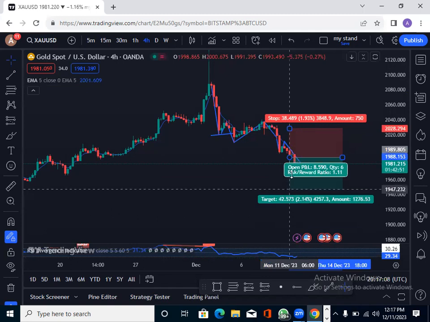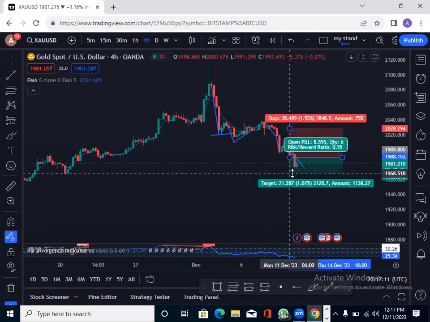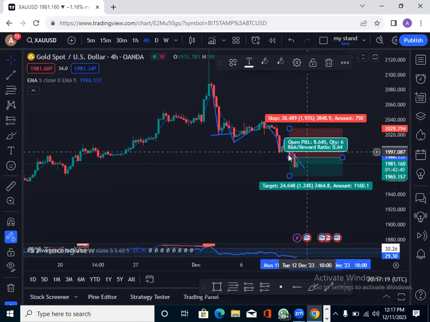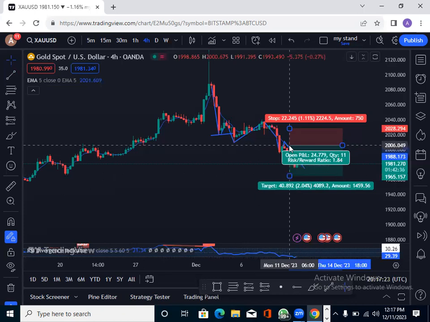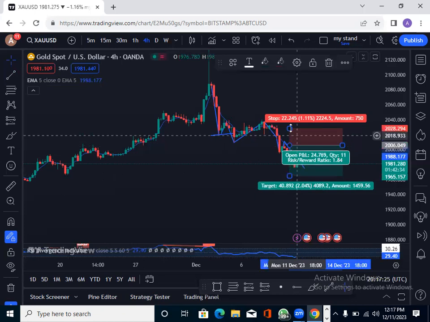I said 65, right? I don't know if the market actually got into 65, but let's check. So we're entering around here between 2006 to 212, and I put a stop loss.